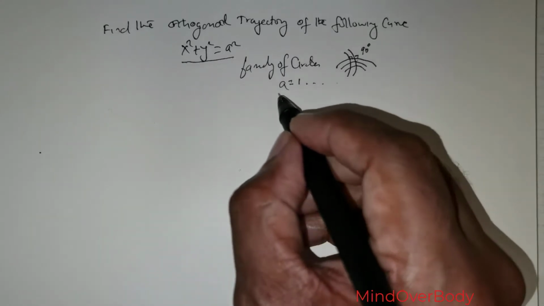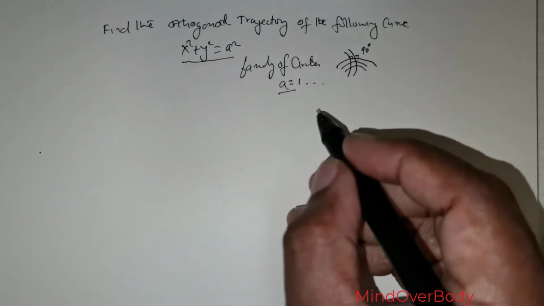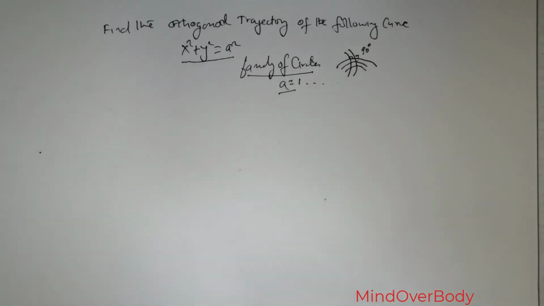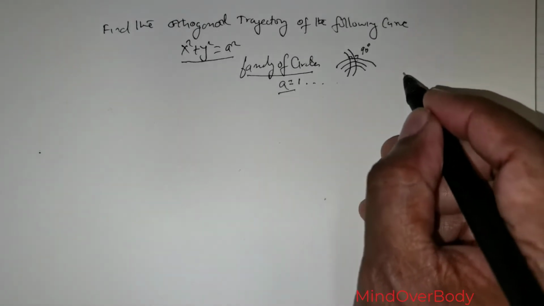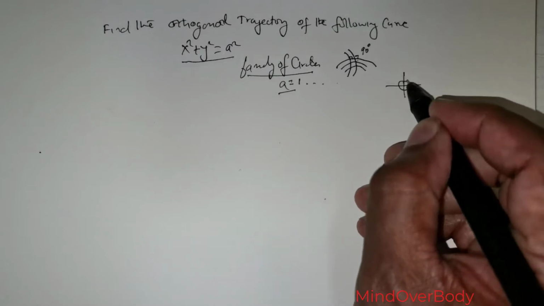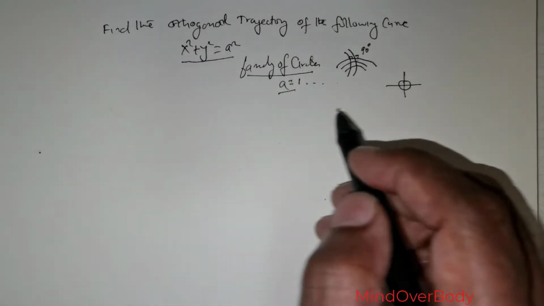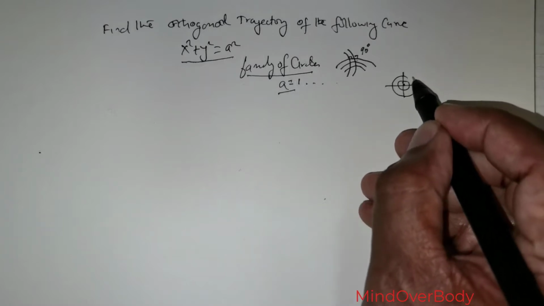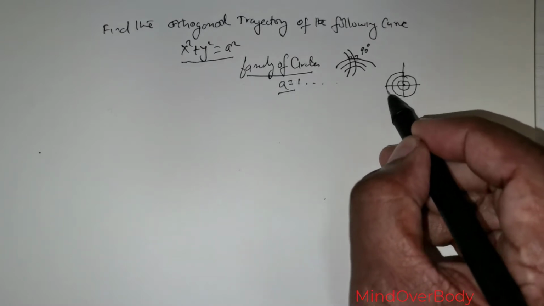For every value that a takes, a circle is being produced. And the circle is centered around the origin because of x squared plus y squared, so the only difference here is that the radius changes.